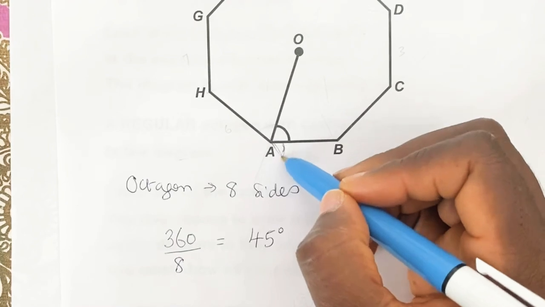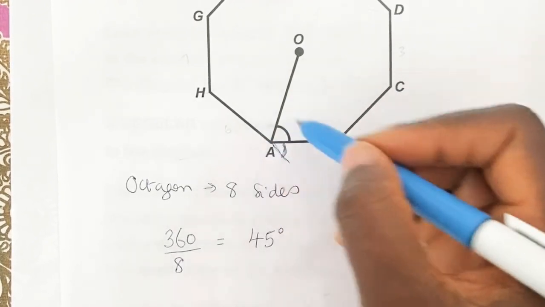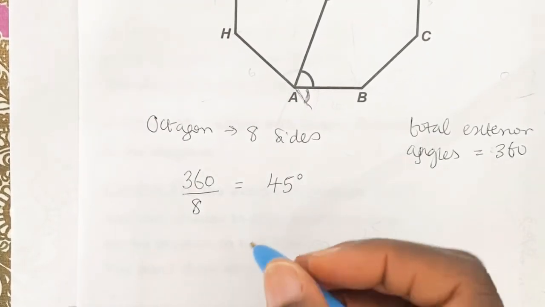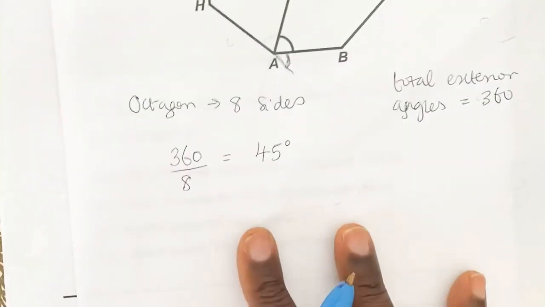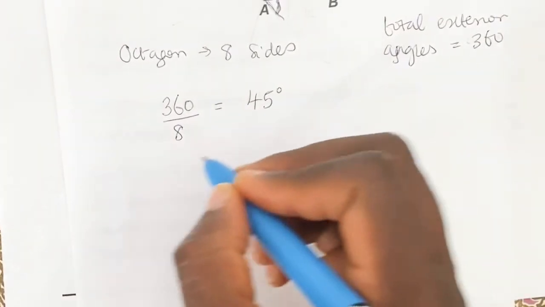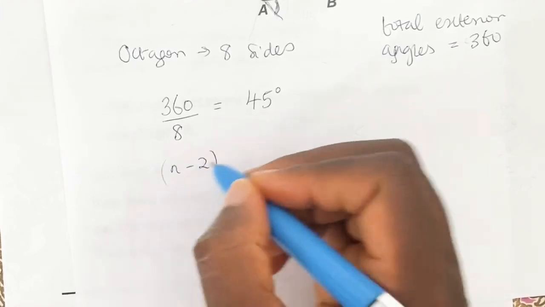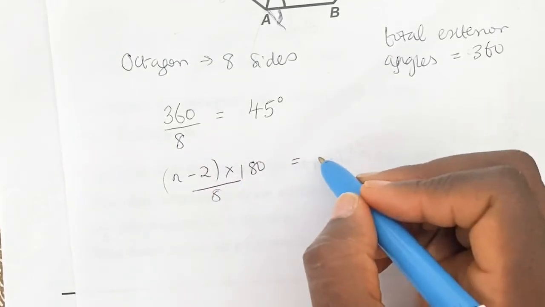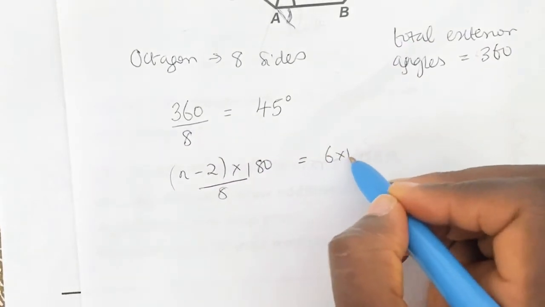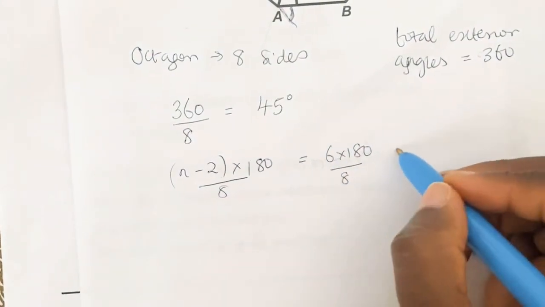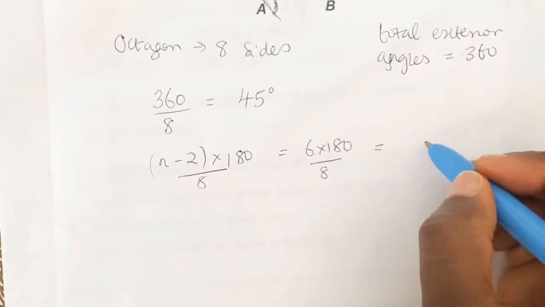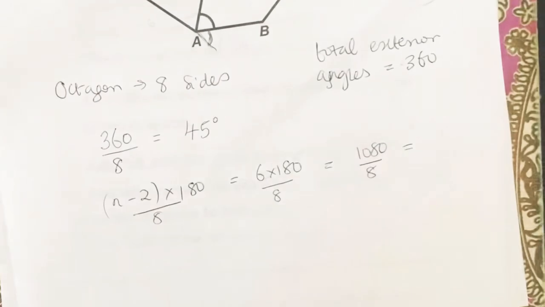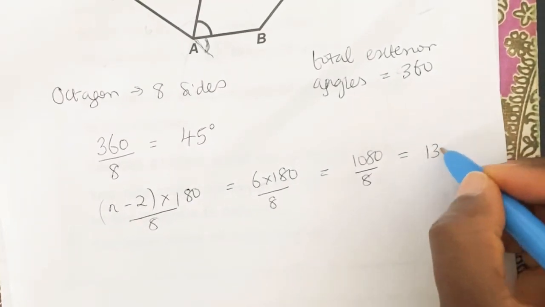Now the interior angle of a regular octagon, if you calculate it, would be, using the formula, n minus 2 times 180 over 8. n is 8, so that'll be 6 times 180 over 8, and that's going to give you 1080 divided by 8, which should come to 135 degrees.